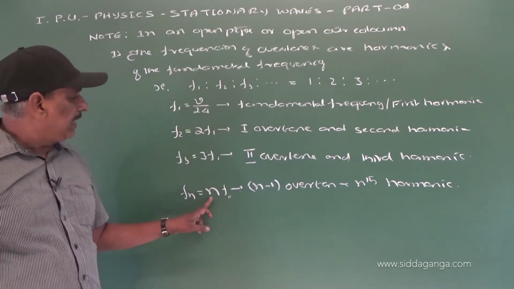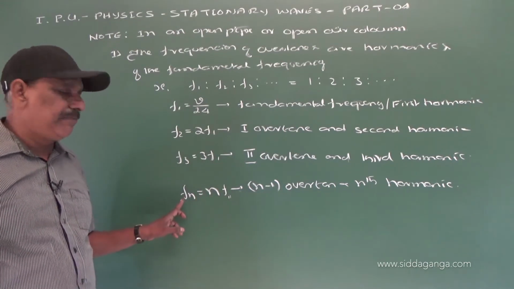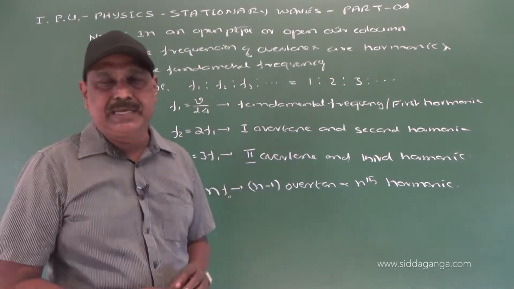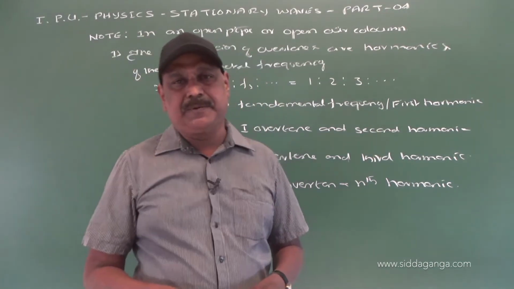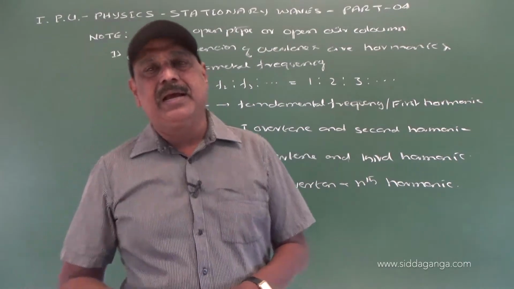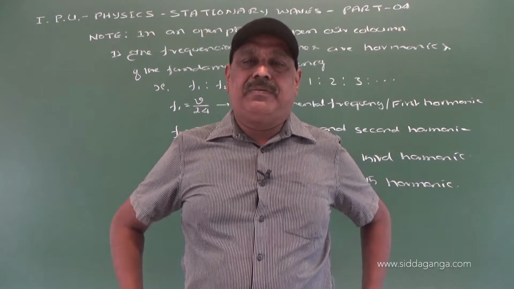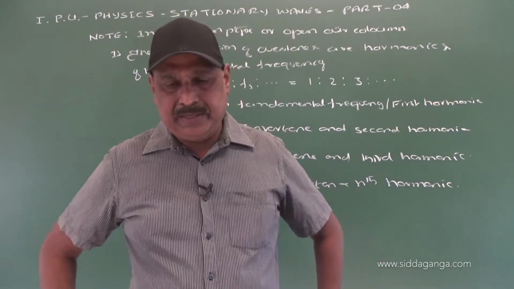Now when we put n is equal to 1, we get Fn is equal to F1. Therefore the fundamental frequency is called the first harmonic.